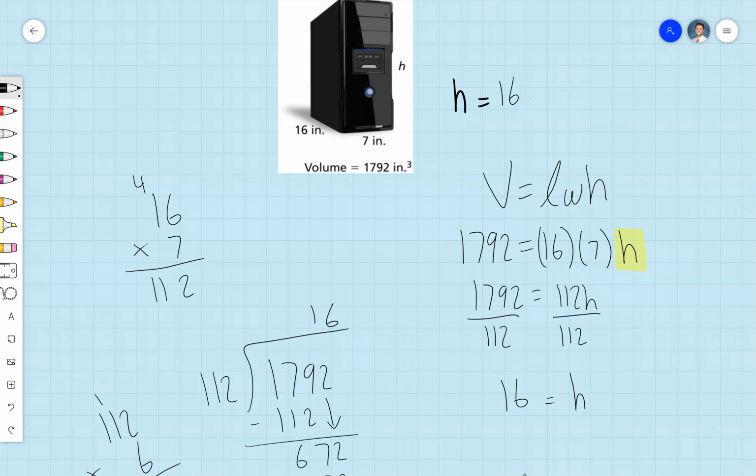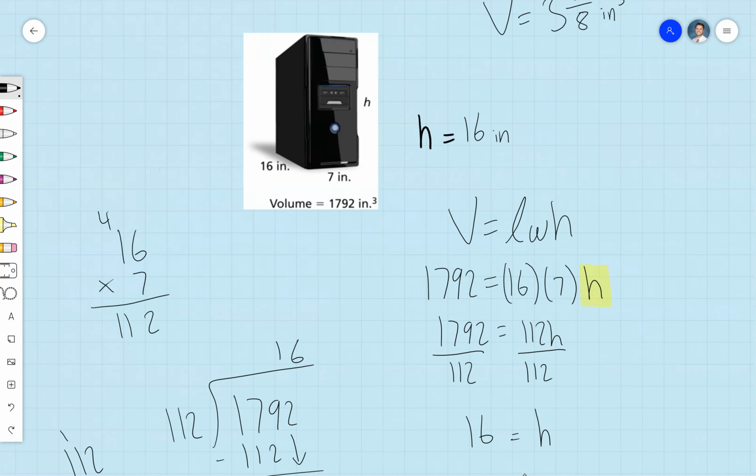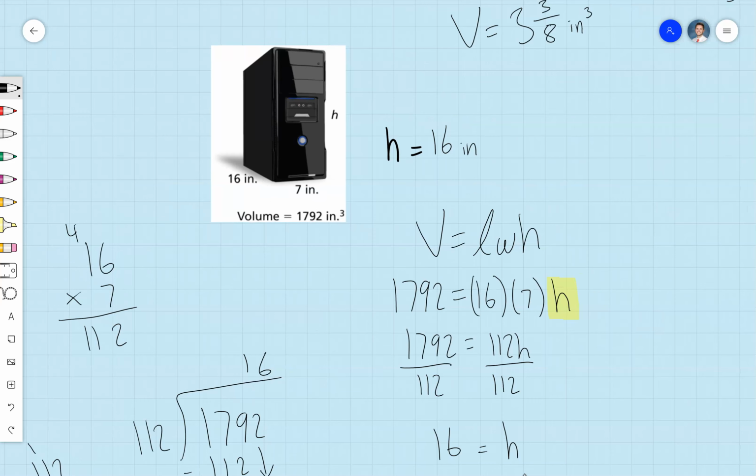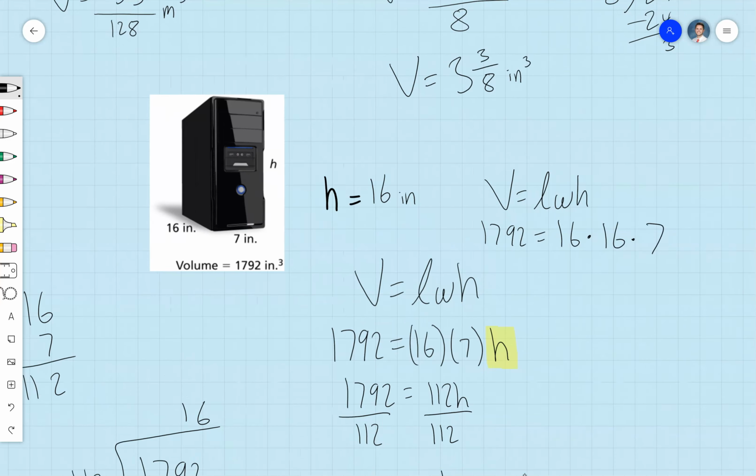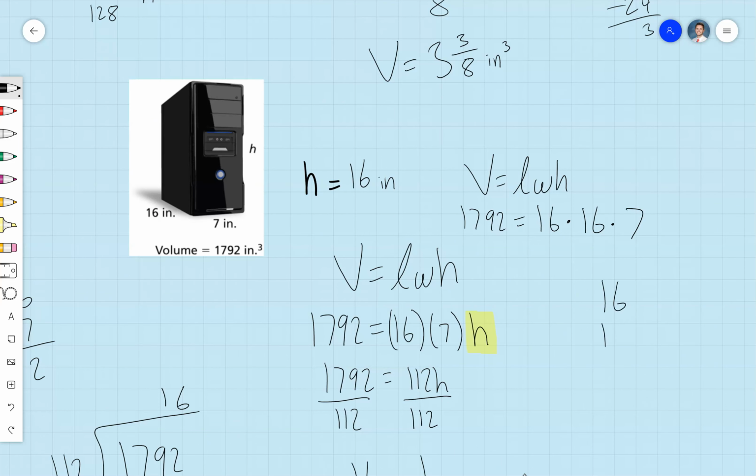And if we were to go back and check our answer, 16 times 7 times 16 should equal 1,792. So let's just check. Our volume is equal to length times width times height. So we have volume is 1,792, and we have 16 times 16 times 7. Let's start with 16 times 16.